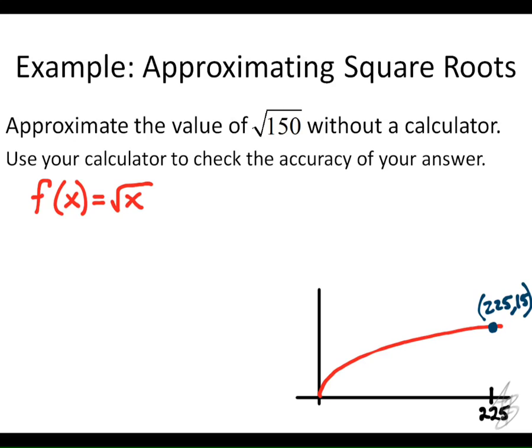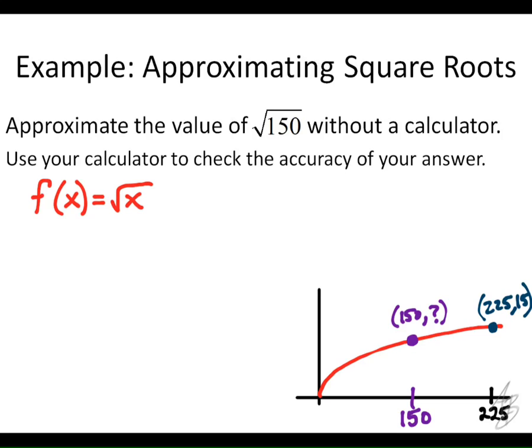Okay. And we want to know what the value of this function is at 150, which is going to be, I don't know, somewhere in here. Doesn't really matter exactly where it is. So we want to know what the value of the function is at 150. What could I do?